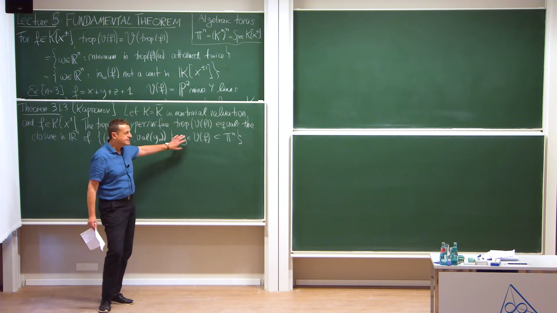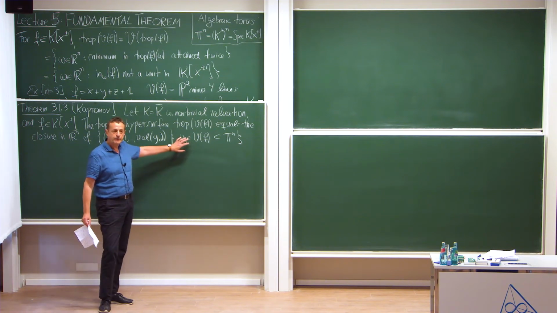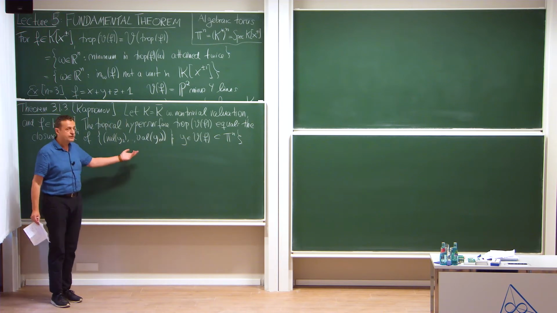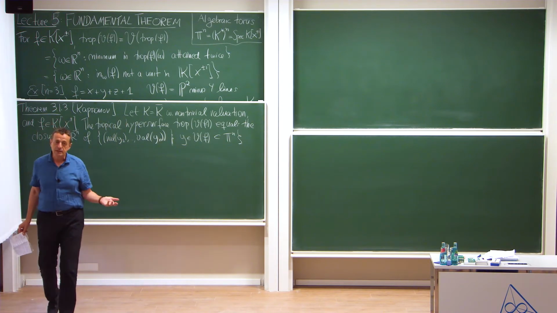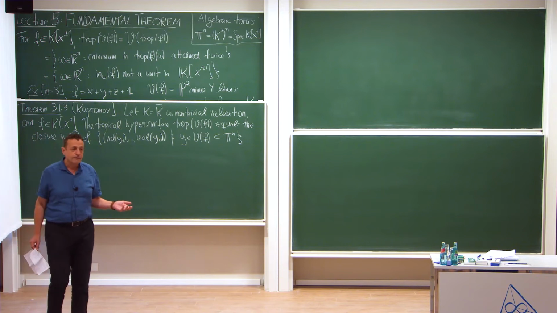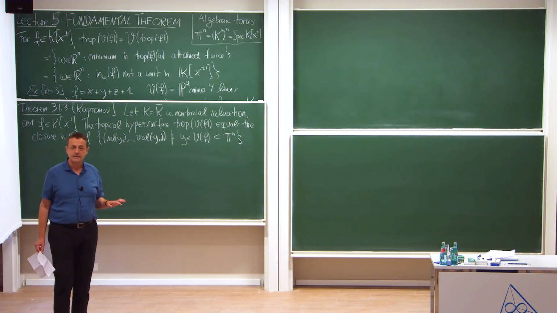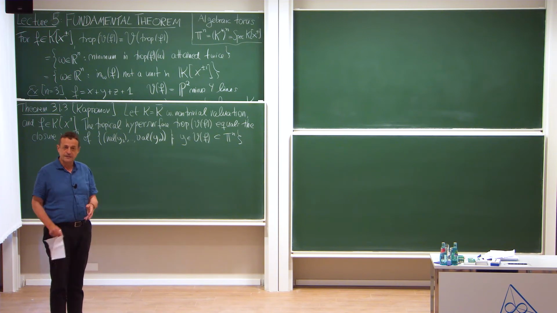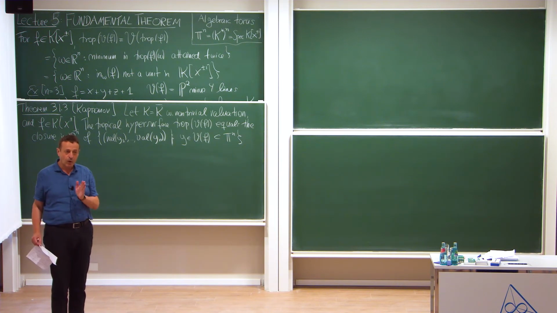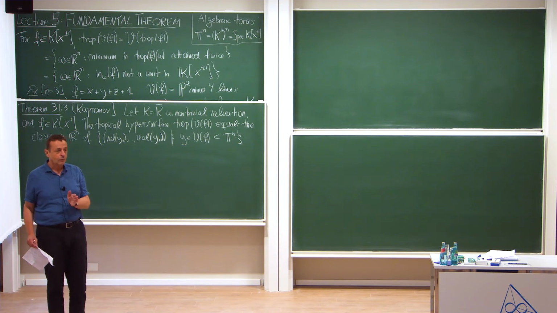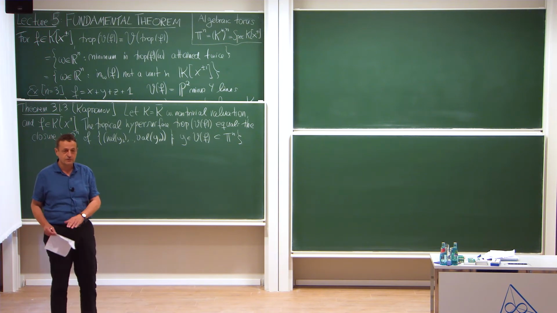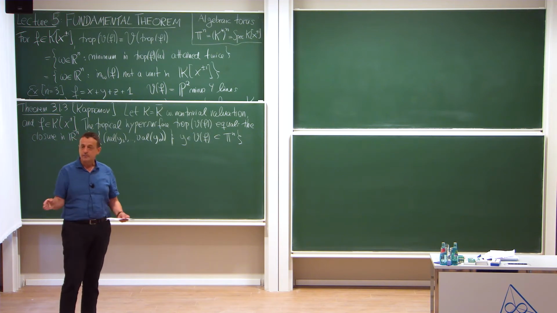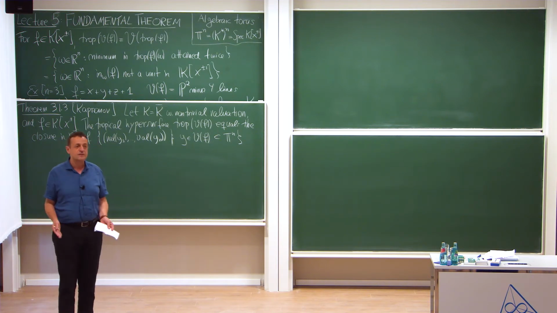Now, one inclusion is not difficult to see, namely, the inclusion that this set is contained in the tropical variety. If you have a classical point, and you look at these valuations, and you plug this into the tropical polynomial, then the minimum must be attained twice. The reason is that f of y is 0. F is a polynomial. It has a bunch of terms. You plug y into these terms, and y has non-zero coordinates. So say I have 17 terms, afterwards I have 17 scalars. But these 17 scalars add up to 0.